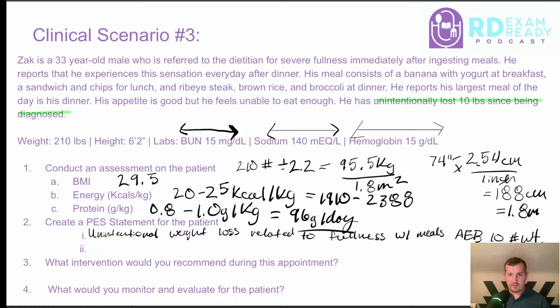Good. And then maybe one more we could always stretch out to. Oh, well, here's one that we could go with. We don't have an exact amount of how much calories he is eating. But the fact that he's had 10 pounds weight loss since having his diagnosis, he's having excessive fullness with his meals.